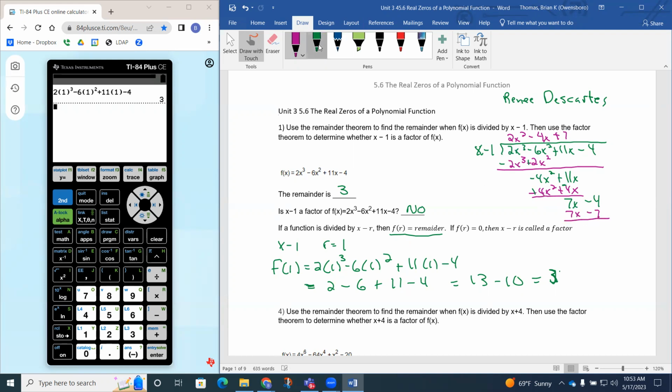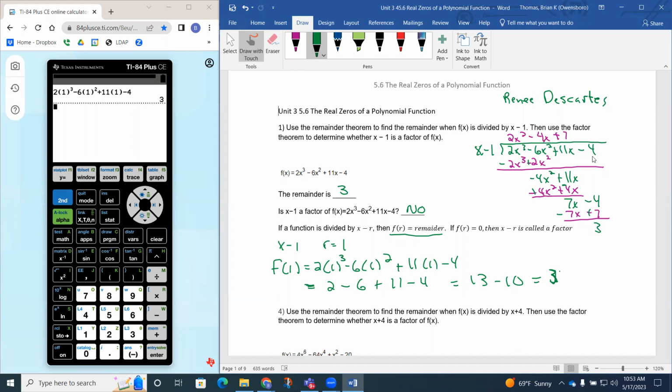Again, when we subtract, we just change the signs and add. So the -7x and 7x divide out. -4 plus 7 would be a remainder of 3. Notice how this is now too small, because I can't multiply x by anything that's going to give me 3x.